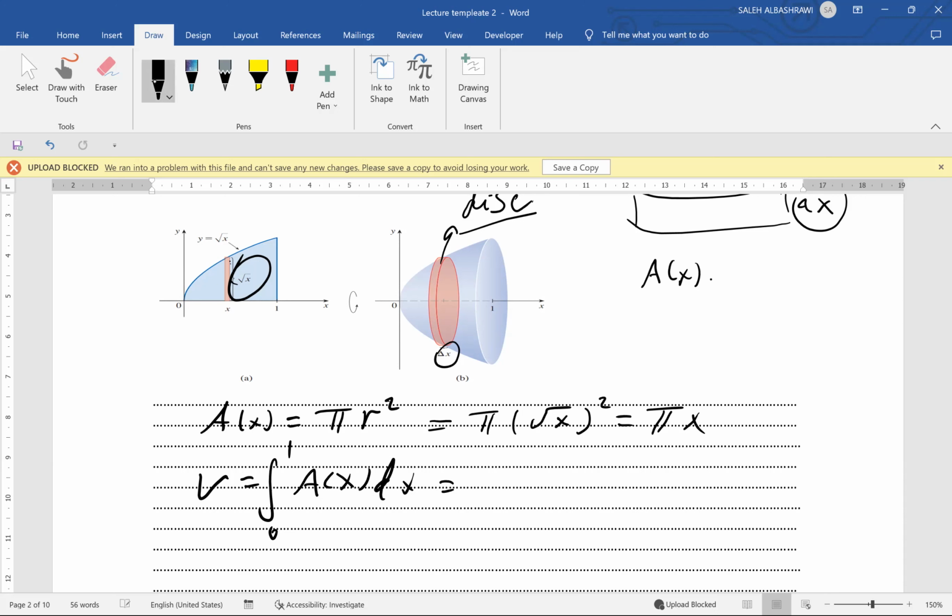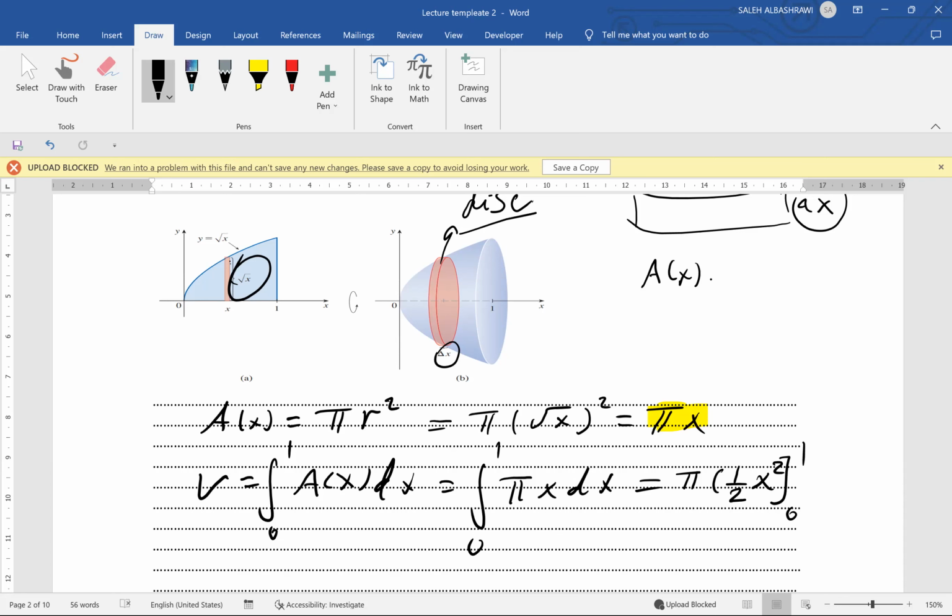which is equal to the integral from 0 to 1 of pi x dx, which is equal to pi multiplied by 1/2 x squared from 0 to 1.